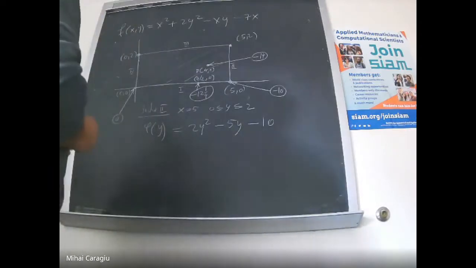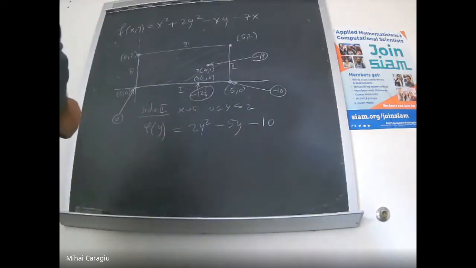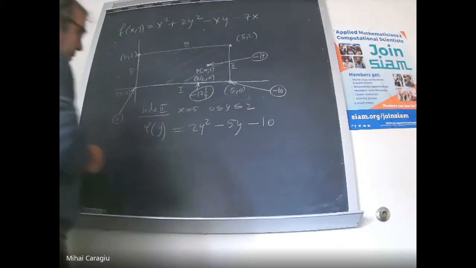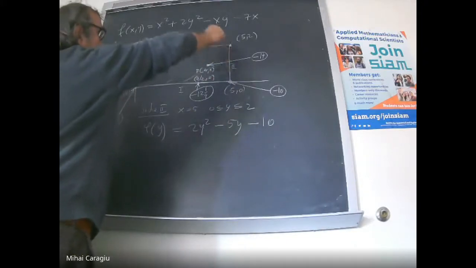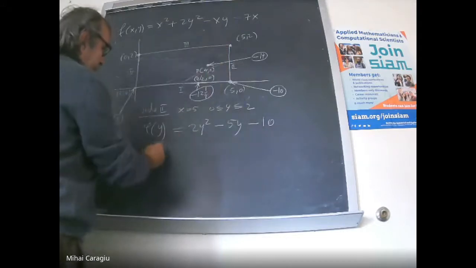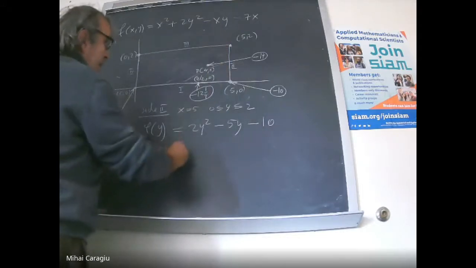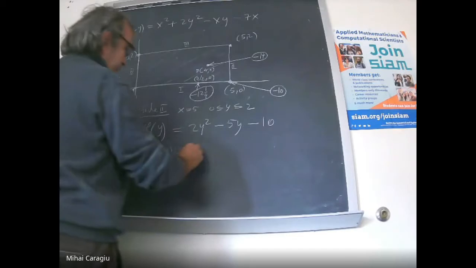Okay, good. So that's what happens with the function as a function of y along side number 2. So phi of 0 at the extremity equals minus 10.